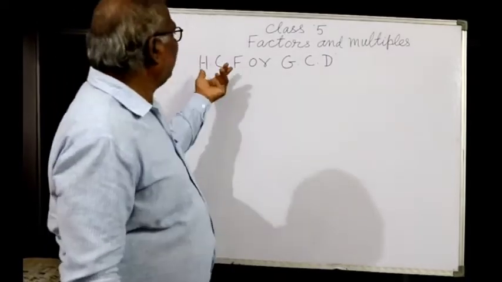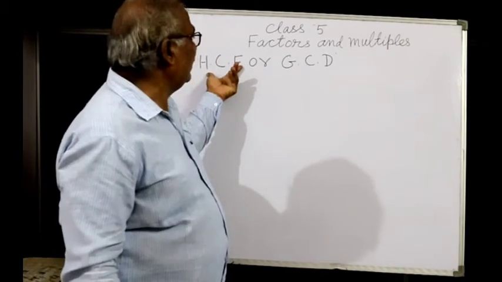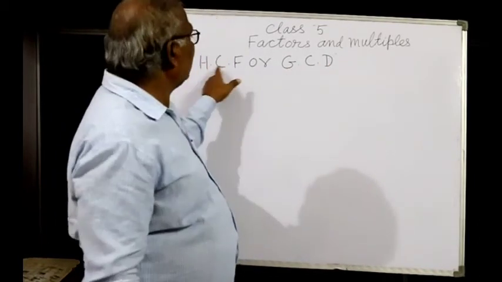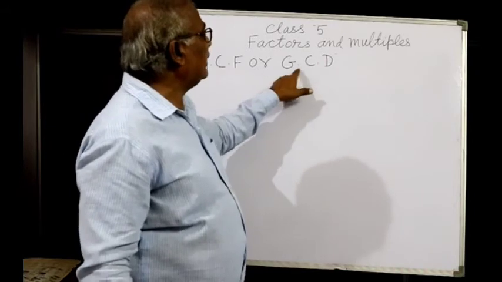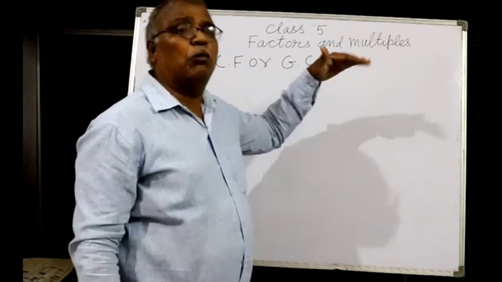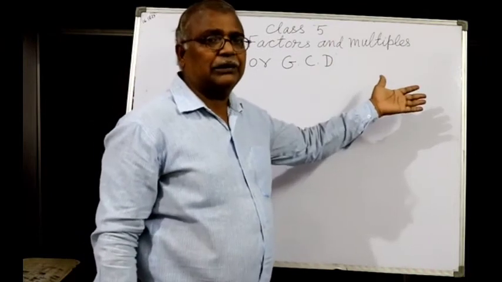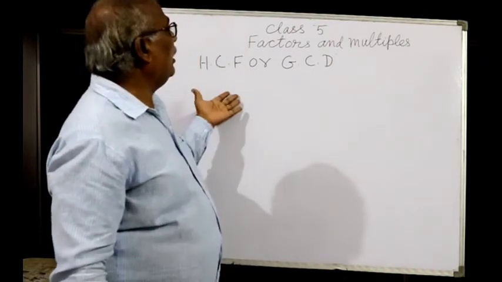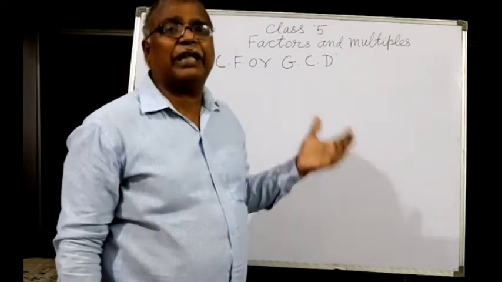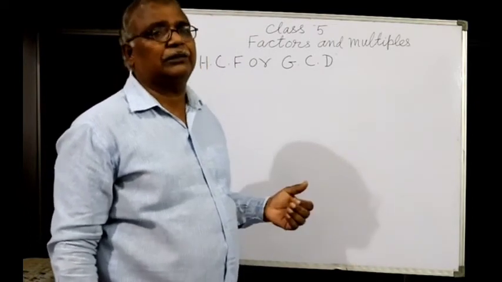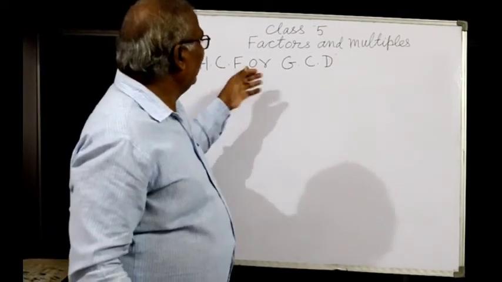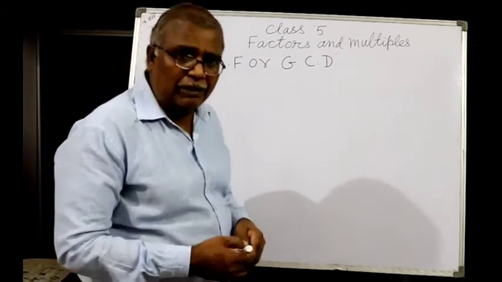Now, what is highest common factor or greatest common divisor? The highest common factor or greatest common divisor of two or more than two numbers is the greatest common factor. We will explain this by an example.